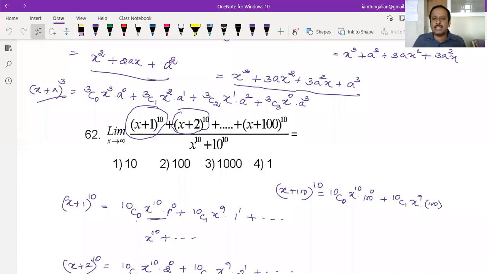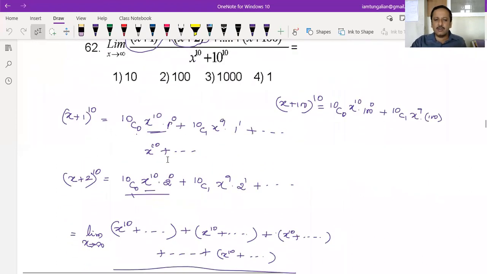Then look at the second term, x plus 2 whole power 10. It is another polynomial. Its expansion is 10c0 x power 10 into 2 power 0 plus 10c1 into x power 9 into 2 power 1 plus 10c2 into x power 8 into 2 square and so on.